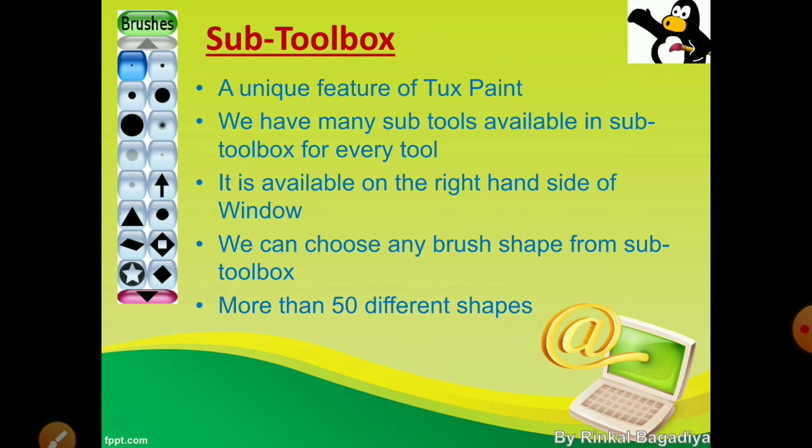Whenever we select any tool from the toolbox, it shows a list of brushes or special effects of that particular main tool. After that, we can choose any brush shape from the subtool box and draw. We have more than 50 different shapes, but only a few are used. So children, let us select different brush shapes and learn how to use them.